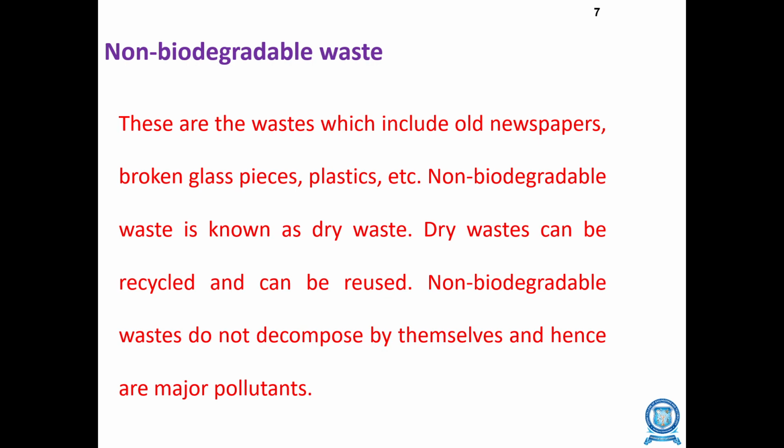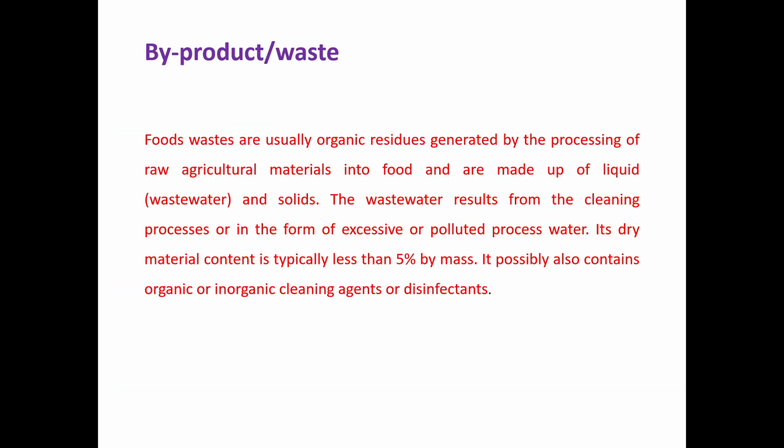What is meant by byproduct? Food waste is organic residue. By processing agricultural materials, we convert them into food. The wastewater resulting from cleaning causes polluted water, and it will have less than 5% of mass and everything else. We have to turn that into what we call a byproduct.